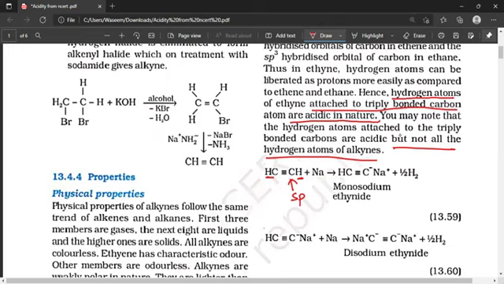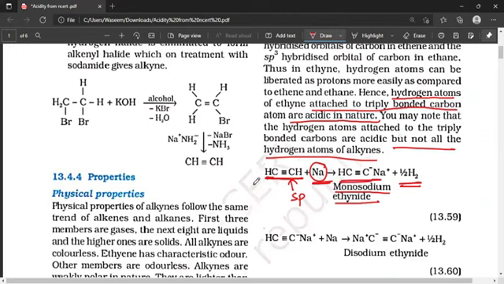That can be done by two reactions, the first being reaction with sodium. From your lower classes, you might have studied that an acid will react with a metal to give hydrogen gas. So when the alkyne acetylene is reacted with sodium, hydrogen gas is released, which proves that it is acidic in nature, forming monosodium ethanide as the product.